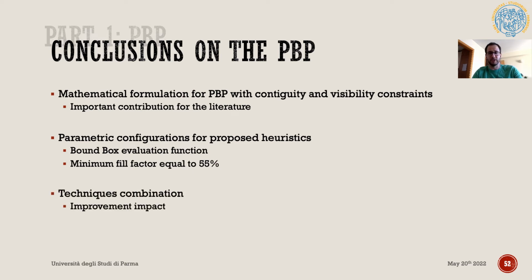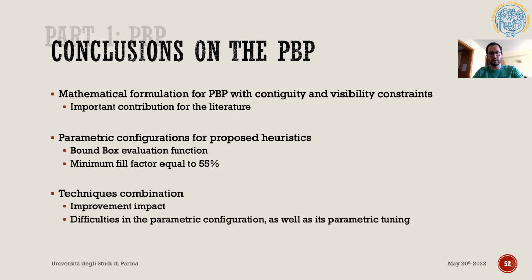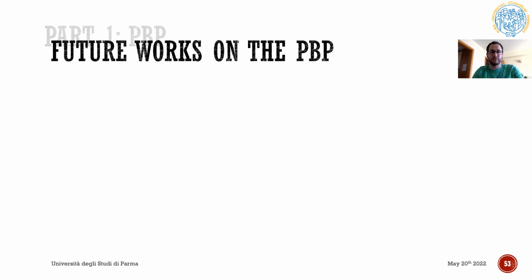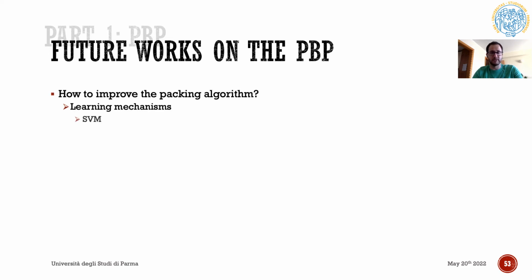Although the combination of heuristic and the mathematical models in the math heuristic improves the algorithm effectiveness, it's difficult to find a fine parametric configuration that generalizes its use. When it comes to future works, we have the following to improve performance. The proposal is including learning mechanisms to select items, as for example SVM.